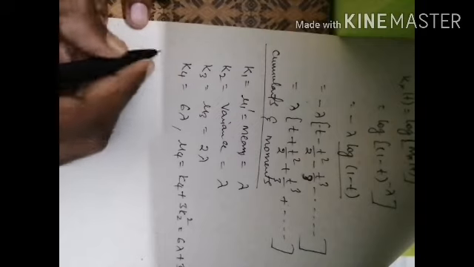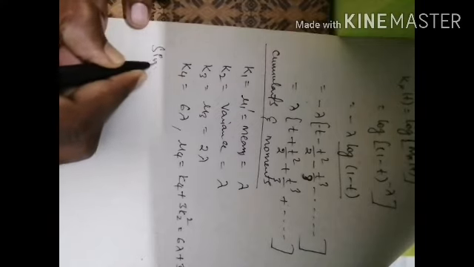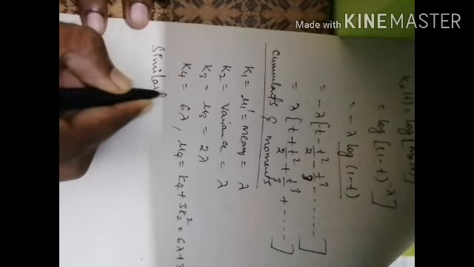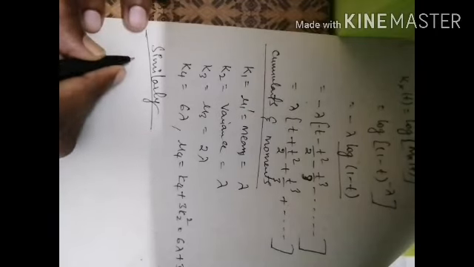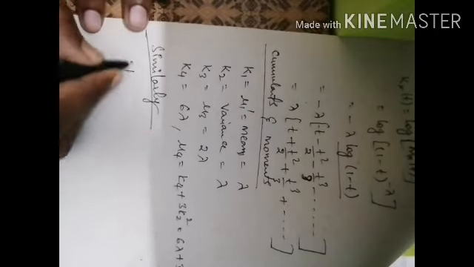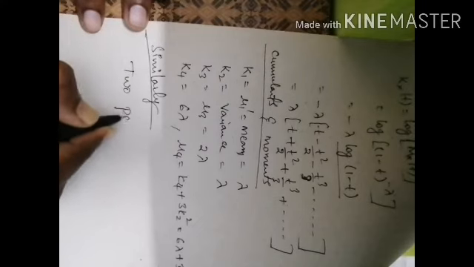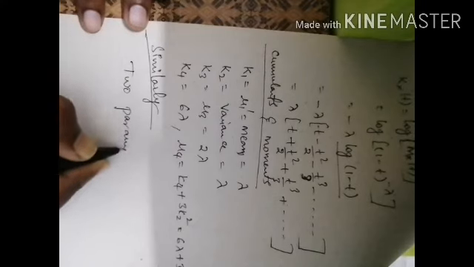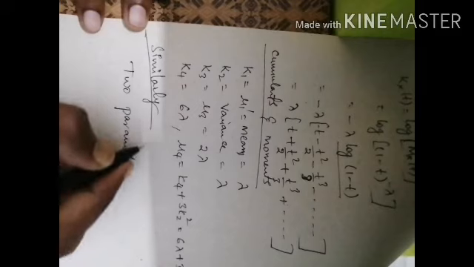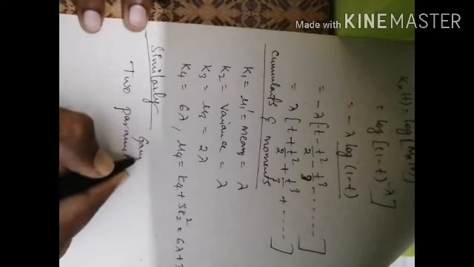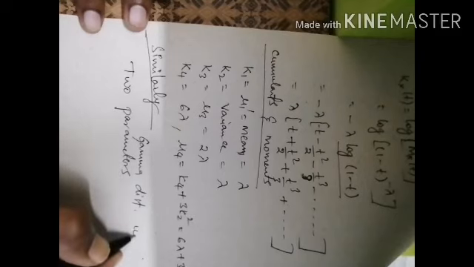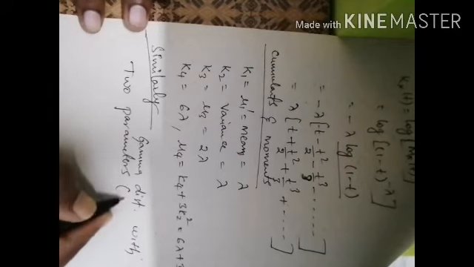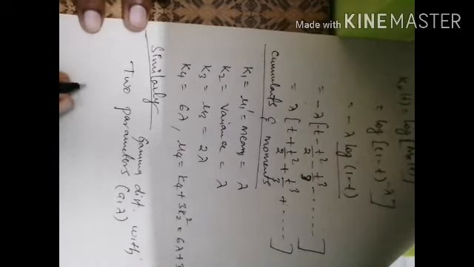Similarly, you can do the gamma distribution with two parameters, that is a comma lambda.